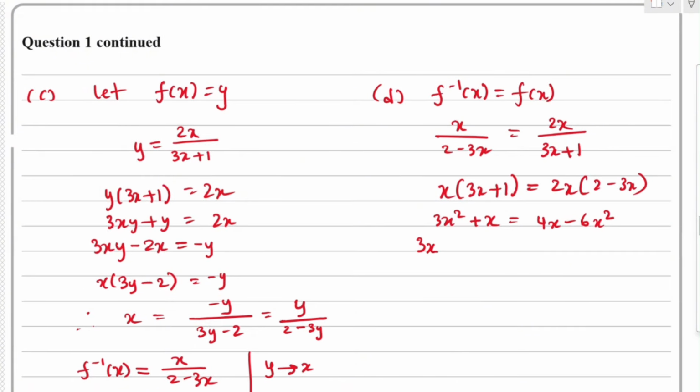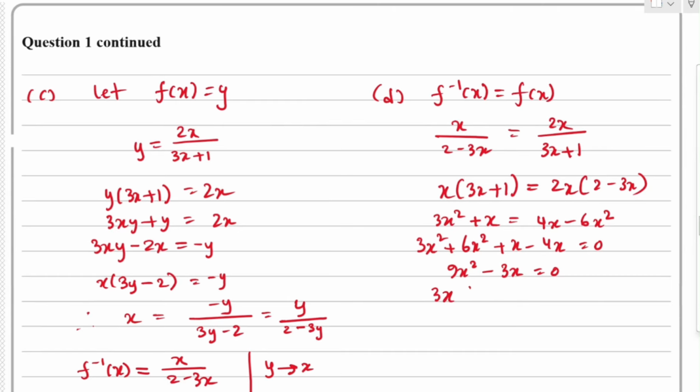Now we will bring all the terms on the left. So 3x square plus 6x square plus x minus 4x equals 0. So 9x square minus 3x is equal to 0.